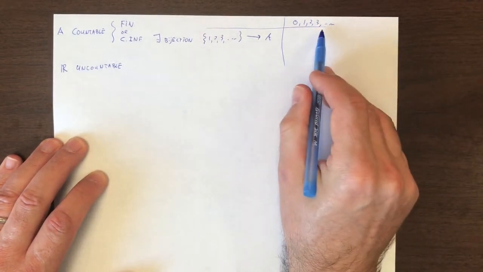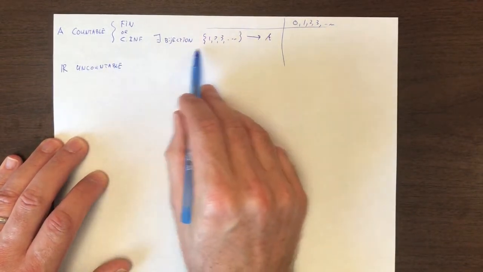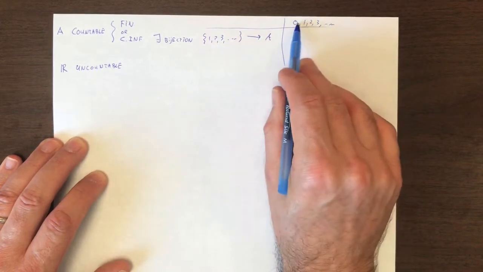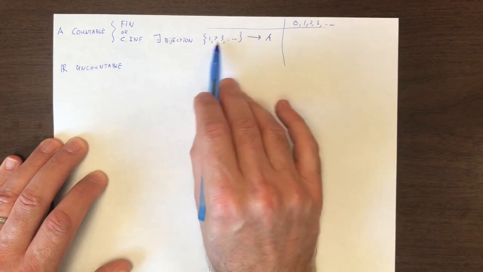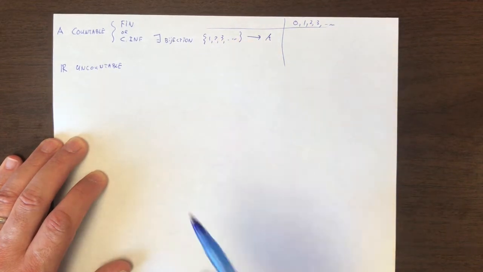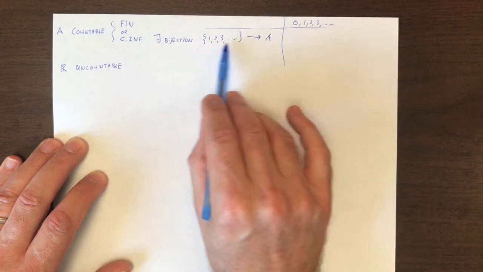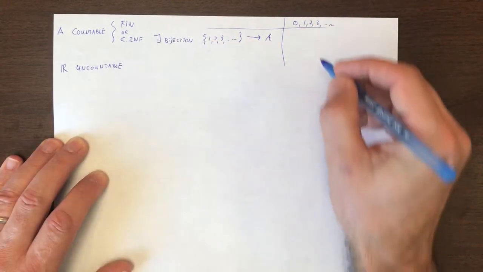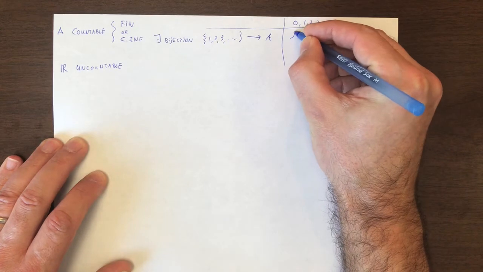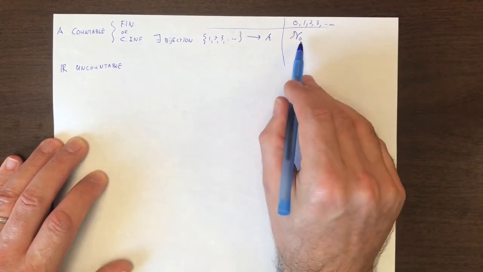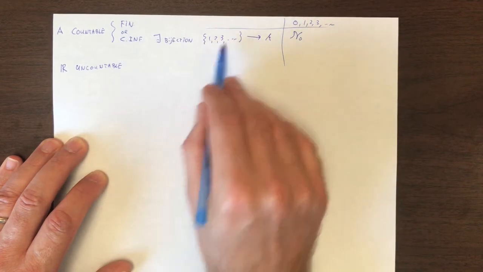But these are finite cardinals, and this here is an infinite set. So none of these cardinal numbers describe how many elements this set has. Since none of these numbers describe the number of elements here, we needed a new number, and the notation we use for that is aleph-naught. So aleph-naught denotes the number of elements of this set.